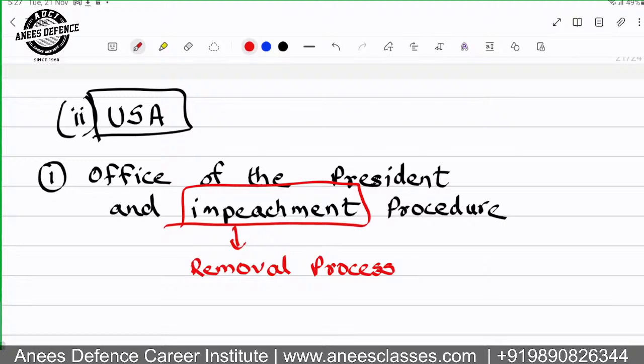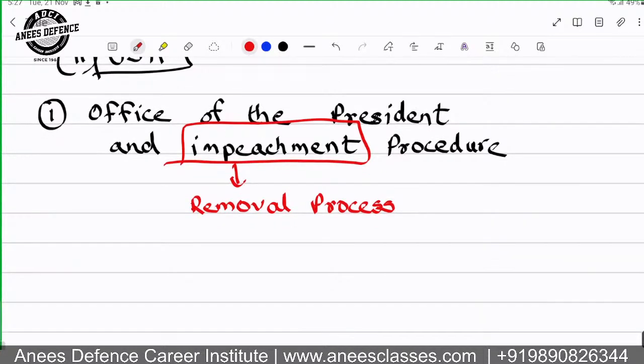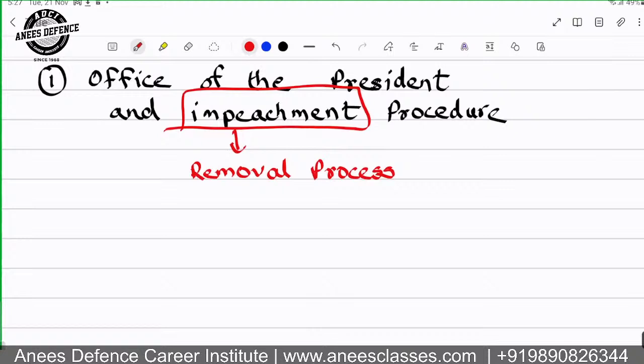Now, let us move forward with our topic. First is Office of the President and impeachment process. Next we can see is the fundamental rights.